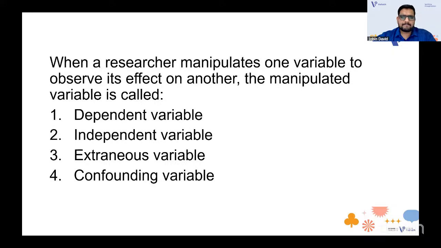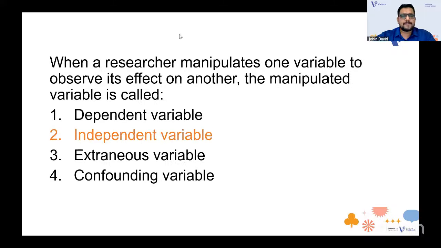So you're manipulating one variable. That means obviously there will be two variables in your research study. You manipulate one variable and you observe the effect of that manipulated variable on the other. So what do you call that manipulated variable? That manipulated variable is called the independent variable, not dependent.